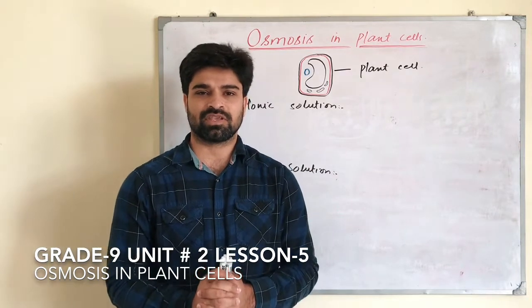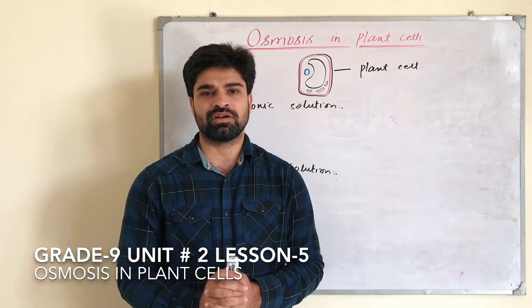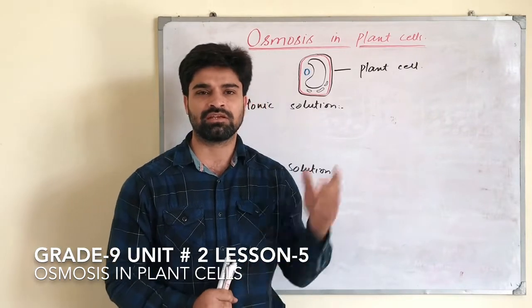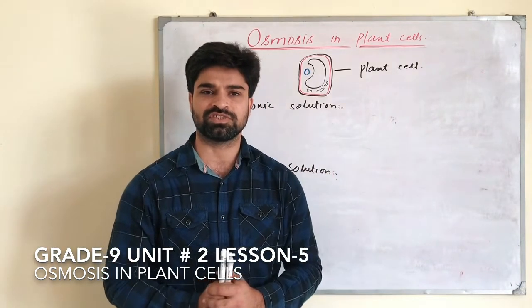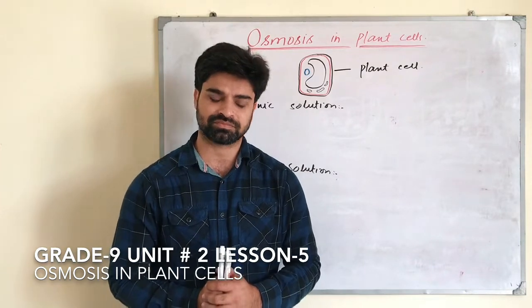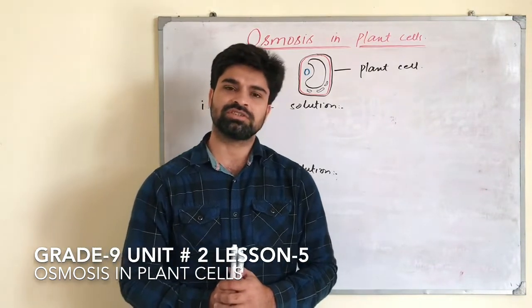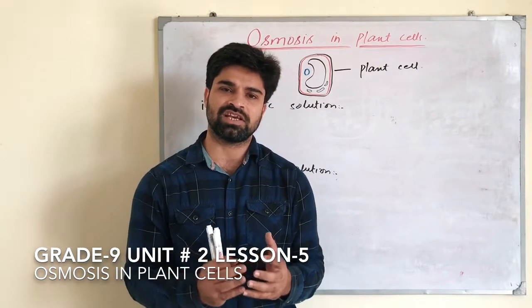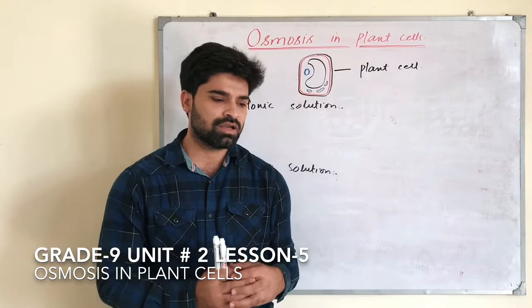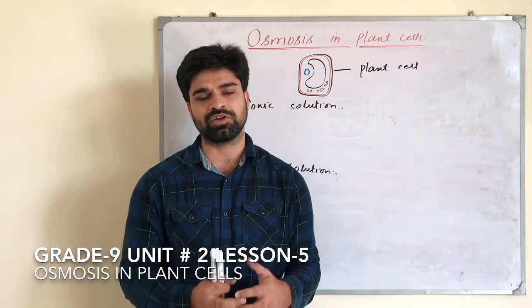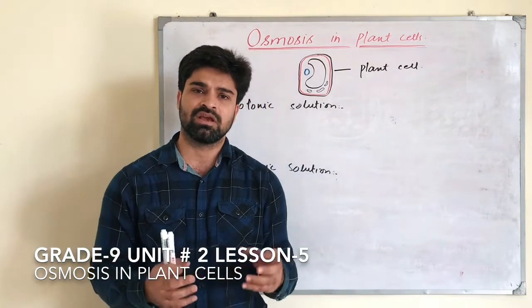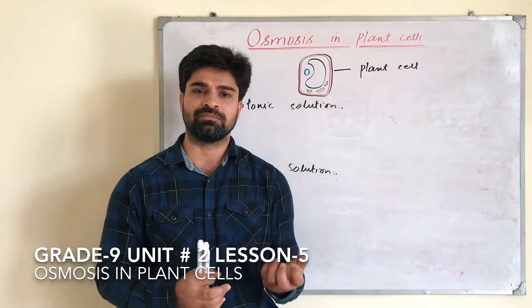Dear students, in our previous video we were talking about osmosis in animal cells, and today we will learn about osmosis in plant cells. My dear students, as we have learned in our previous lesson, when an animal cell is placed in solutions with different osmotic potentials or different water potentials, it responds differently.